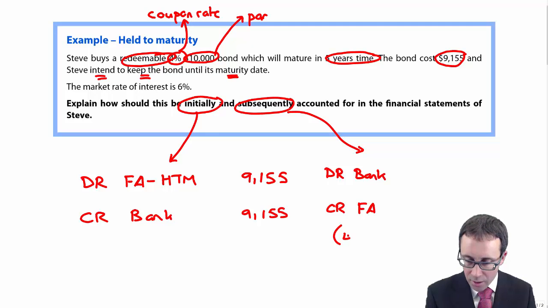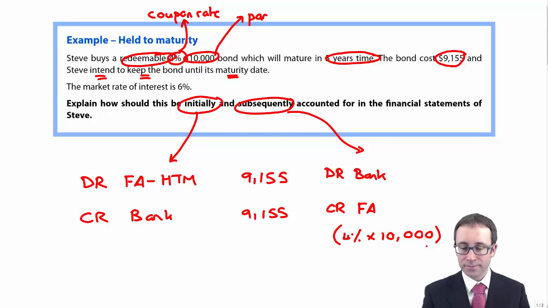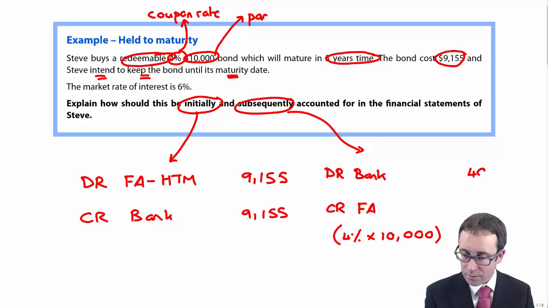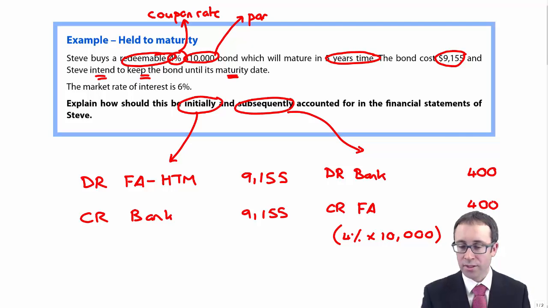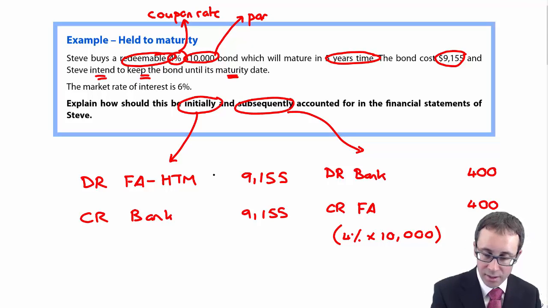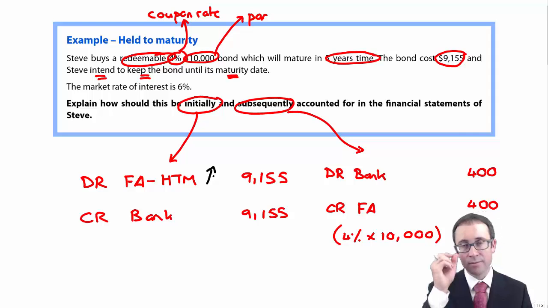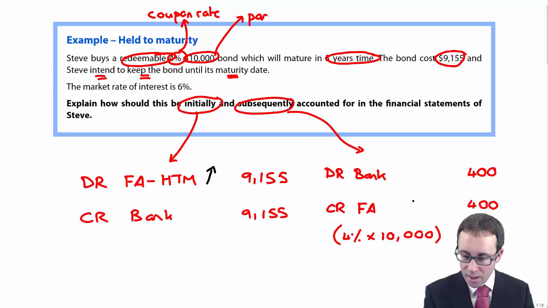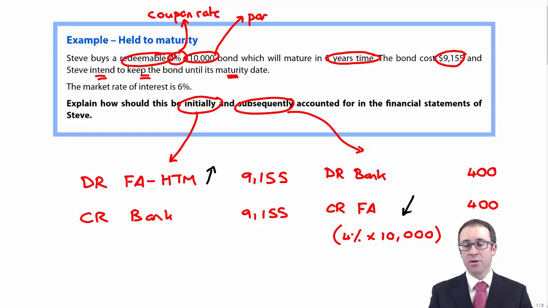The amount that we are going to receive is 4% of the 10,000, which is 400. So I debit bank, credit my financial asset with 400. So initially I increase the asset to the 9,155. I reduce it every single year by the 400.